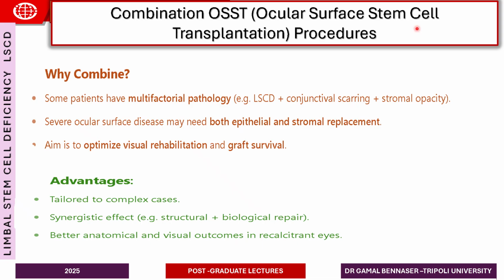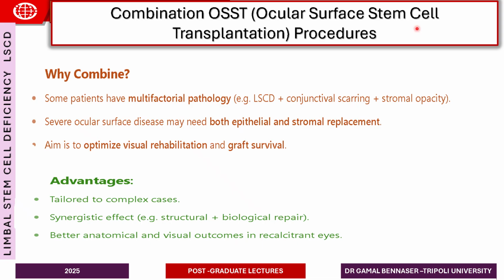Why do we combine these two procedures? Because some patients have multifactorial pathology. They have limbal stem cell disease along with conjunctival scarring, sometimes dryness and stromal opacities. So our aim is to secure and optimize the visual rehabilitation and also secure the survival of the graft. So we are obliged to do more than one surgical procedure at the same time to fulfill these goals.